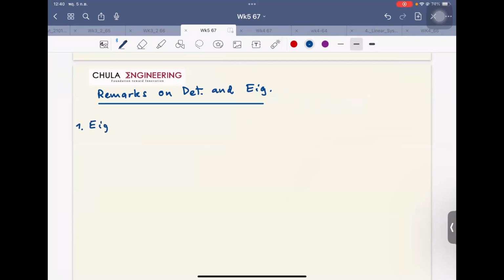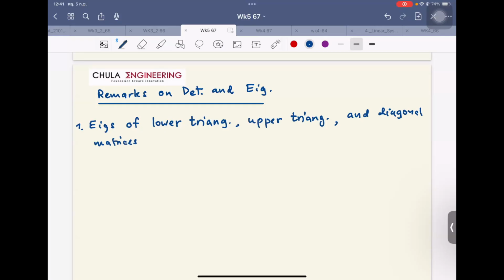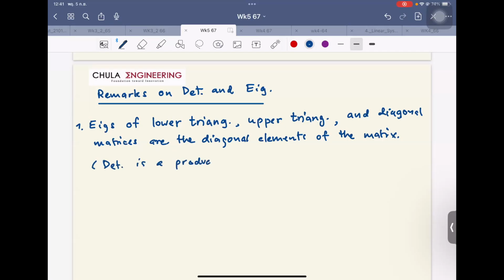First, the eigenvalues of lower triangular, upper triangular, and diagonal matrices are the diagonal entries or elements of the matrix. And the determinant is the product of the diagonal elements. Okay, this is the first remark that you should know.